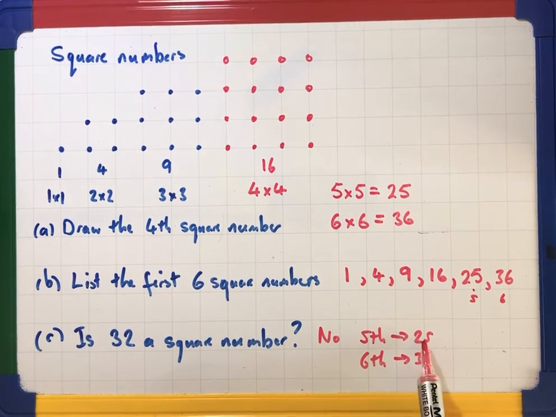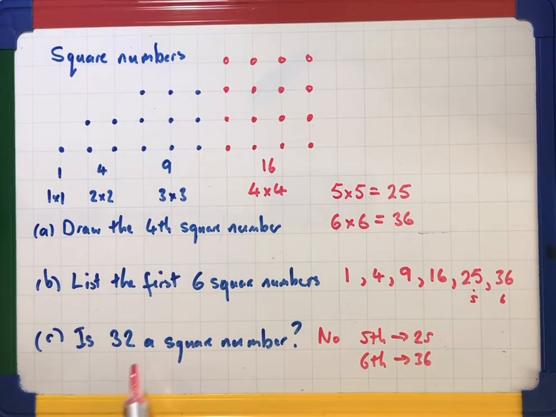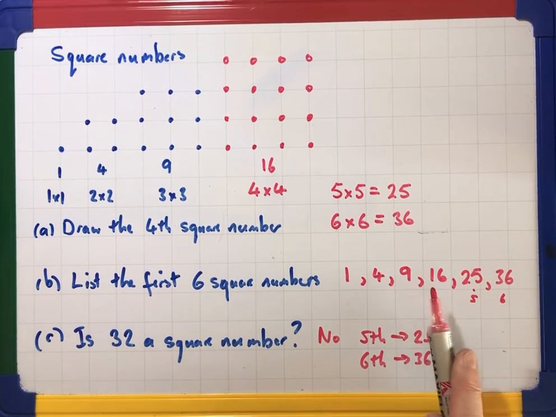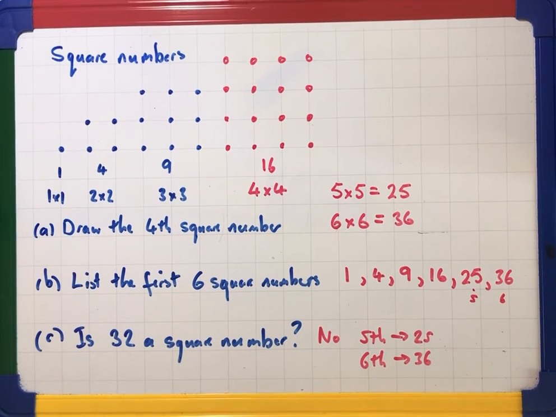Okay, it's not either of those, and it's between those two. Therefore, it's not a square number. Okay, in fact, the next square number after this would be 7 times 7, which is 49. So 32 is not a square number. If I was asked, is 16 a square number, I would say, yes, look, it's the 4th one.